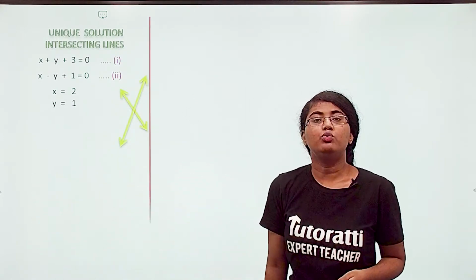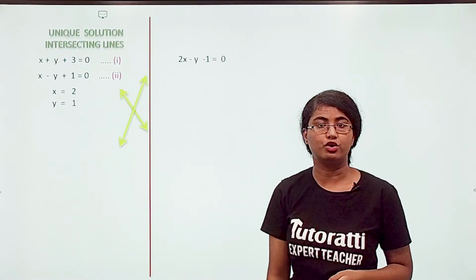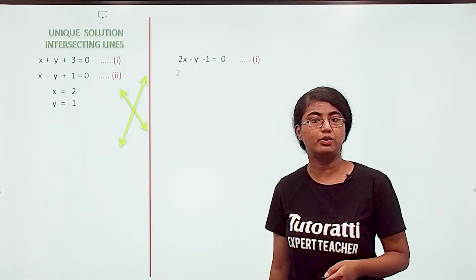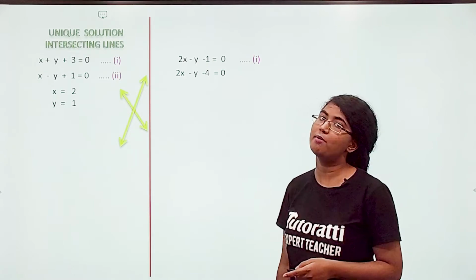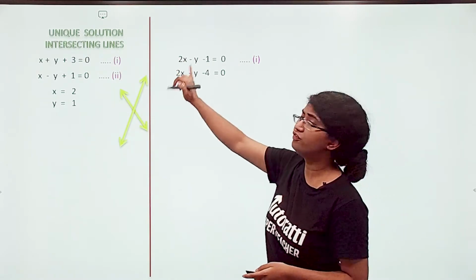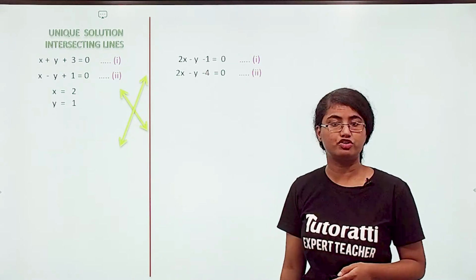Now let's move on to one more different type of pair of equations, okay? So you have 2x minus y minus 1 equals 0 and 2x minus y minus 4 equals 0. Observe the coefficients here.